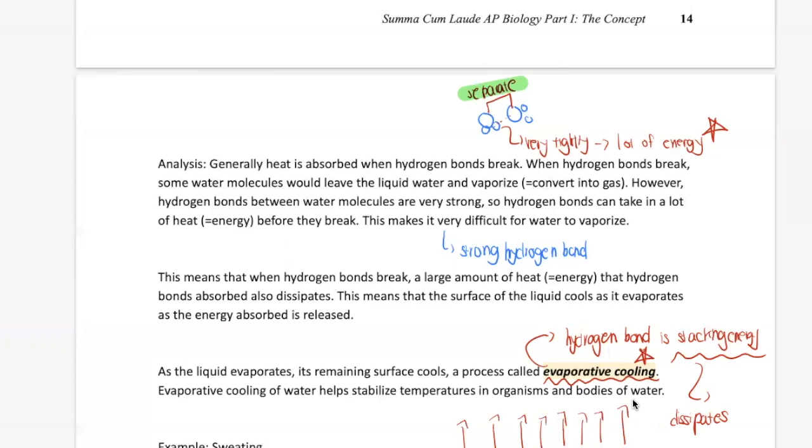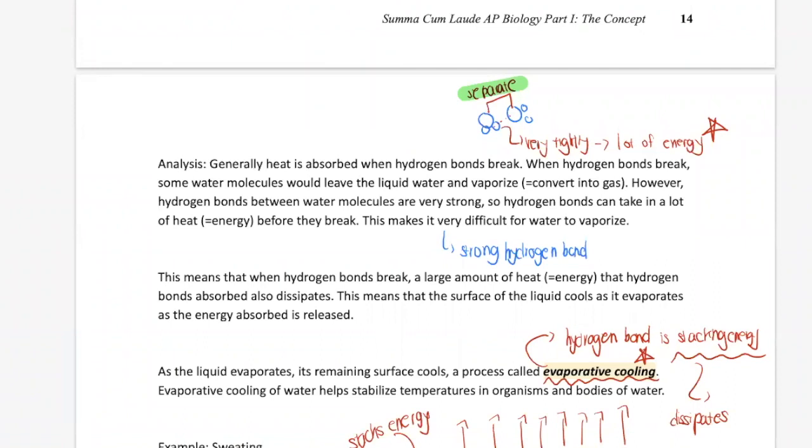Until it vaporizes, right before it vaporizes, it stacks a bunch of energy, right? Because there's this hydrogen bonding between water molecules, and this hydrogen bonding is just stacking a bunch of energy from the sunlight. But as soon as this water molecule vaporizes, as soon as a sweat vaporizes or evaporates, the energy is lost.